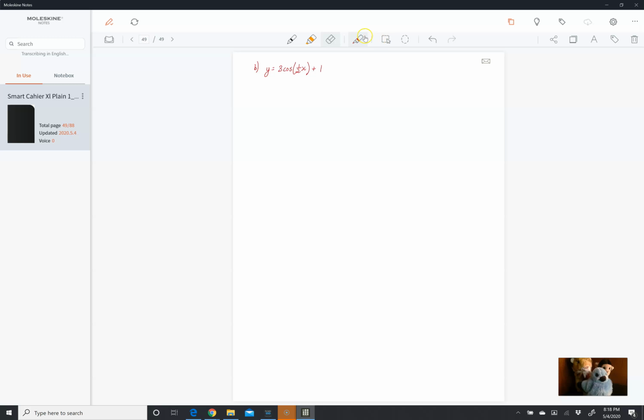Okay, so we're going to do all of our identification just like we did before. This time we'll do it correctly from the beginning. So first thing is our midline is y equals 1.